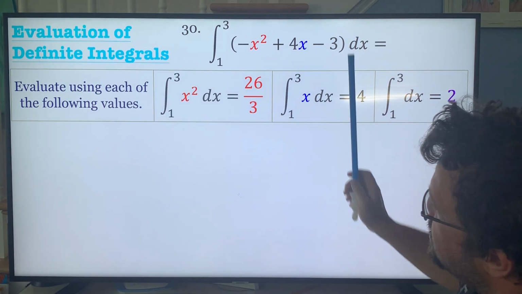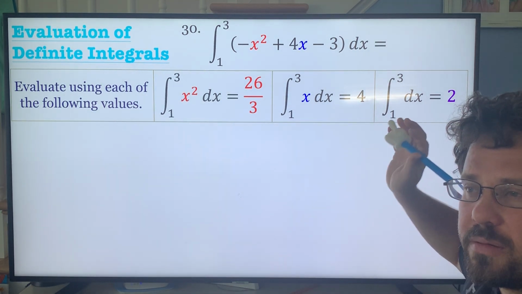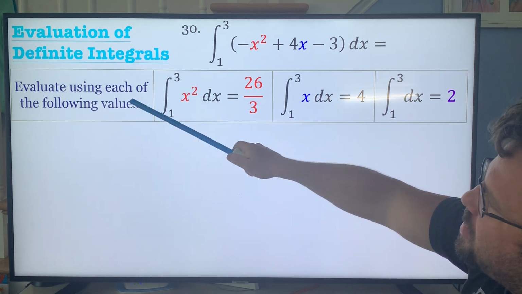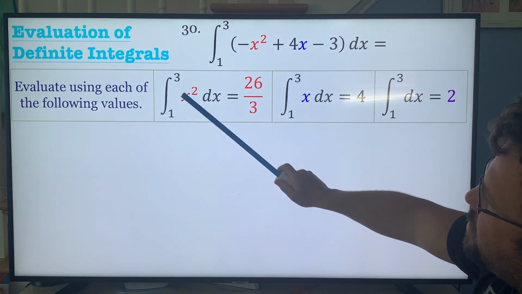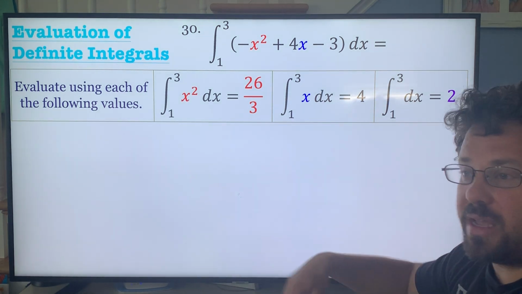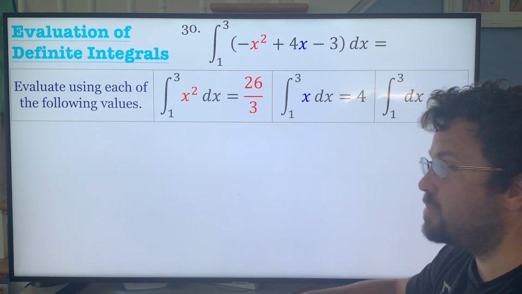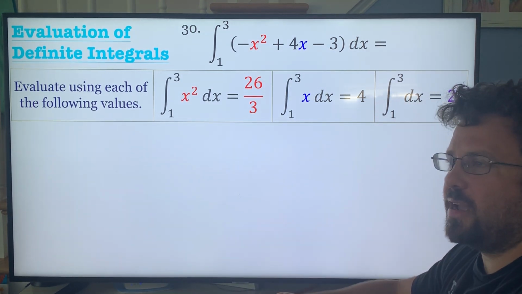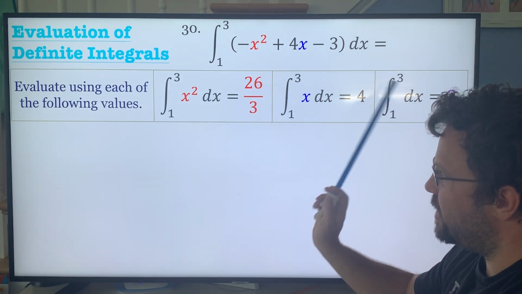What this says is, and this is just a precursor to what we're doing next lesson, evaluate each of the following values. Now, I know we don't know how to find these yet without using that big expanded form we've been using, the Riemann sums. So I'm just going to give you the answers here, and then eventually I'm going to show you shortcuts on how to find all these.